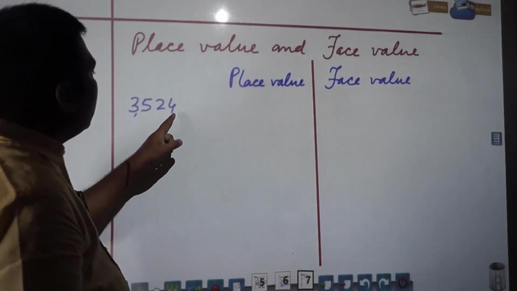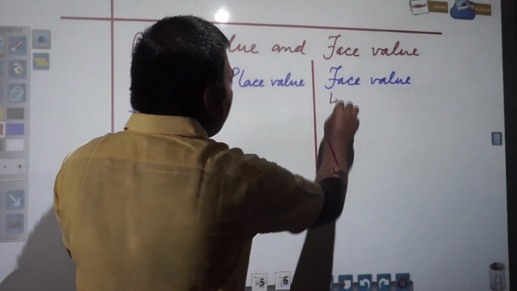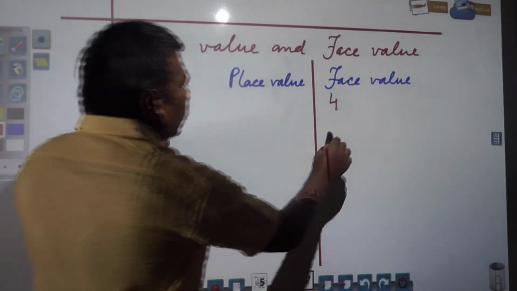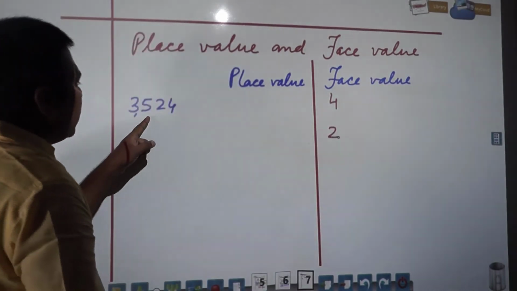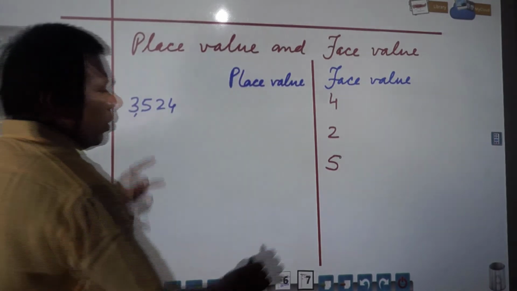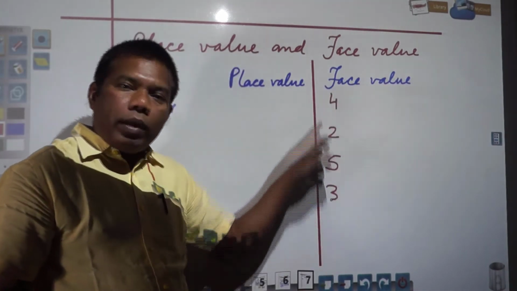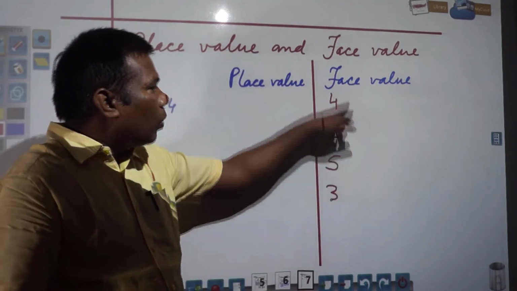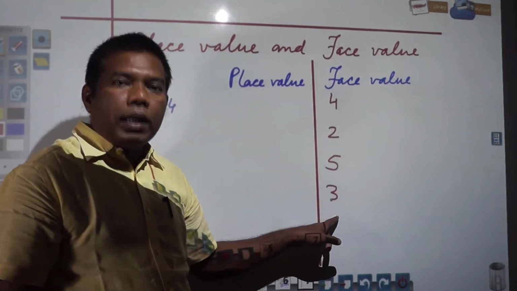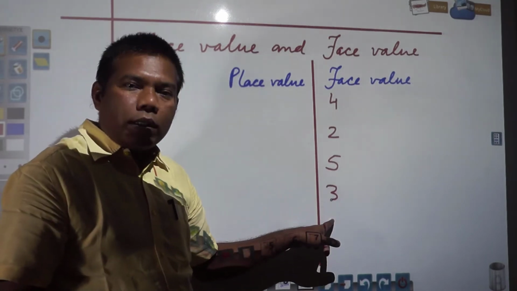So here the face value of 4 will be 4, of 2 will be 2, of 5 will be 5, and of 3 will be 3. It will not change wherever you keep it or whatever place it occupies in the number system.